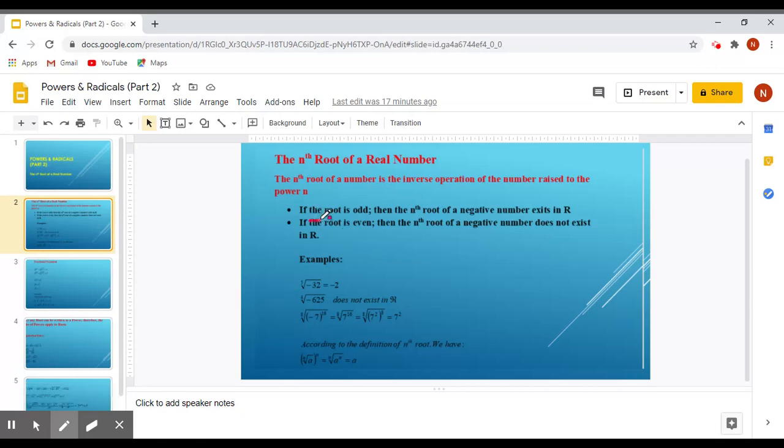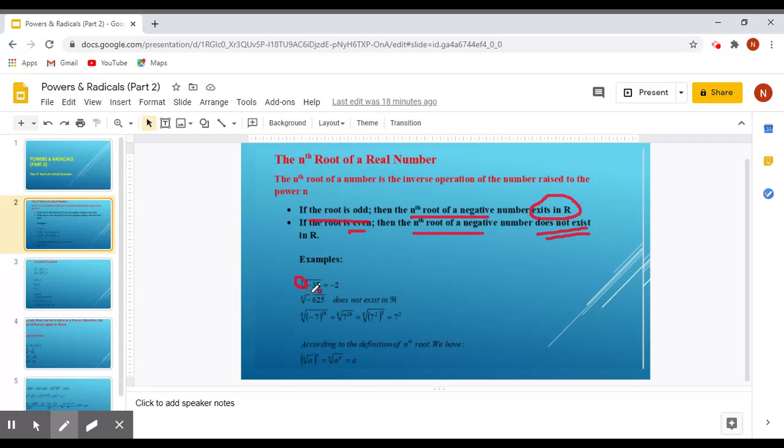So if the root is odd, then the nth root of a negative number exists in R. If the root is even, then the nth root of a negative number does not exist in R. Example, here the root is the fifth root, and we have a negative under the fifth root.